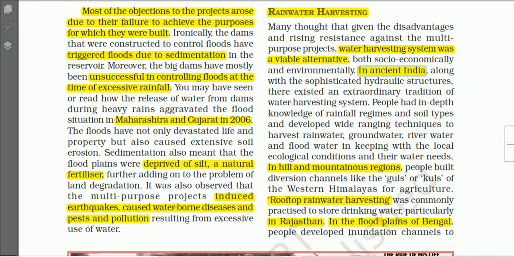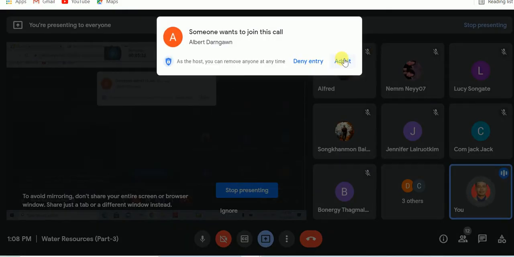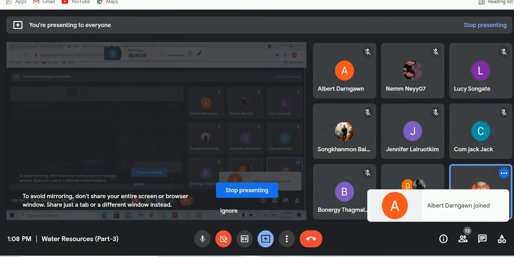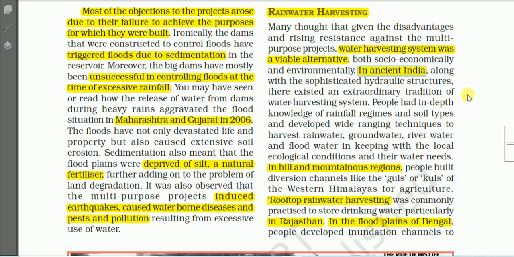During the kingdom period also, rainwater harvesting was a practice, and kings also constructed dams and many other hydraulic structures.